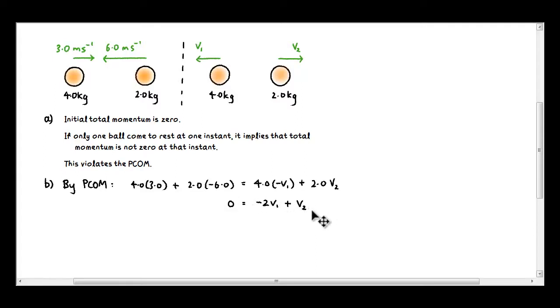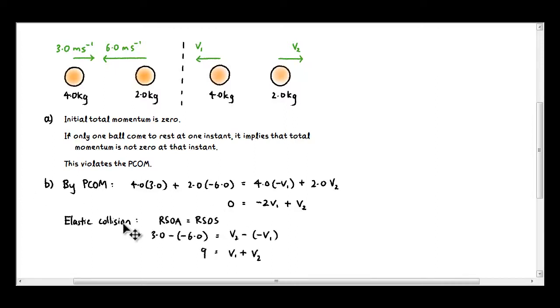With two unknowns in one equation, we can't solve anything, so we need to bring in another equation, which is going to come from the fact that the collision is an elastic collision. We know that for an elastic collision, the relative speed of approach is equal to the relative speed of separation.